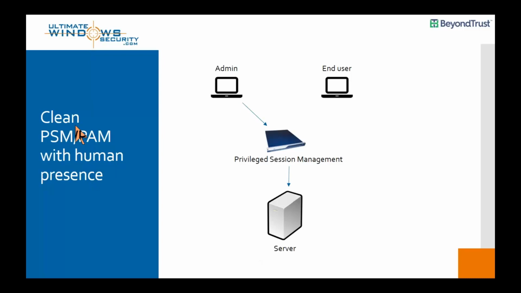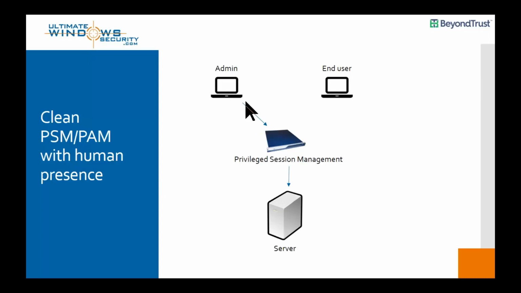So here's what happens with a PSM PAM solution with human presence that we've defined as the way to provide a comprehensive way to protect privileged accounts and especially preempt Mimikatz style attacks. So what we have is a privileged session management system, we'll call it an appliance, between the admin's workstation and the server.